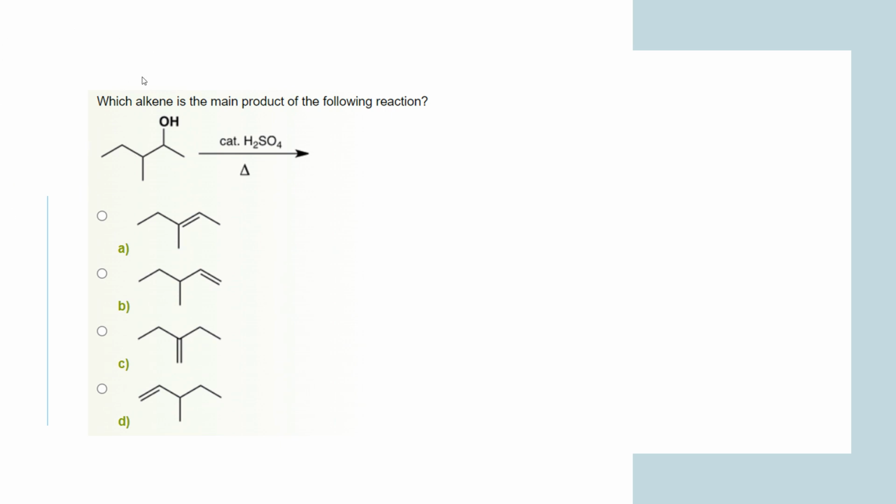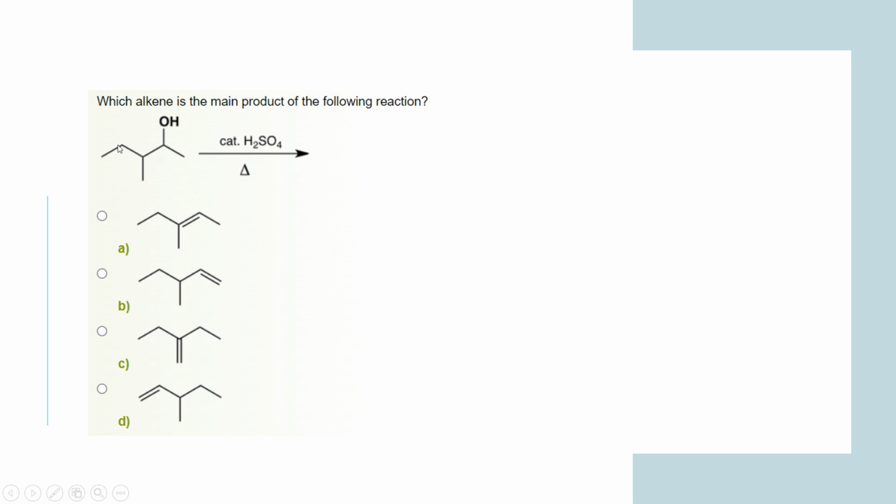So you have two possibilities now, one is this side, one is this side. These two sides will be similar, because we have already shifted one hydrogen from here to get a carbocation here. So we will deprotonate from this particular carbon to get the Saytzeff product here.